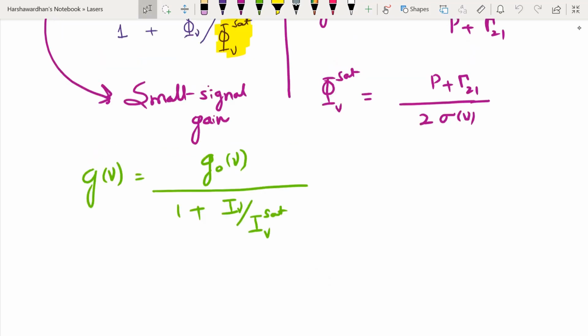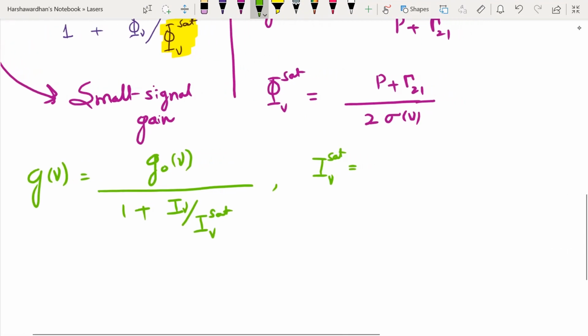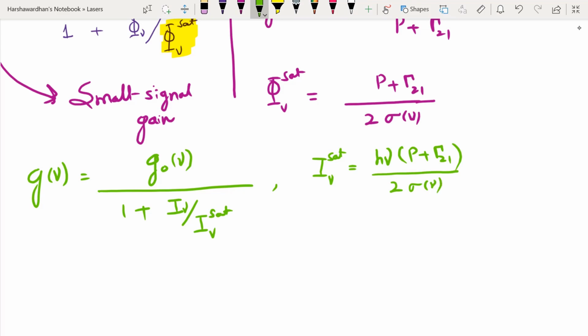We can clearly arrive at the formula for I saturation. So I nu saturation can be written down in a similar fashion. You simply multiply by h nu times P plus gamma 21. Remember that h nu times phi, the photon flux, gives us the intensity. Hence, we can write this.